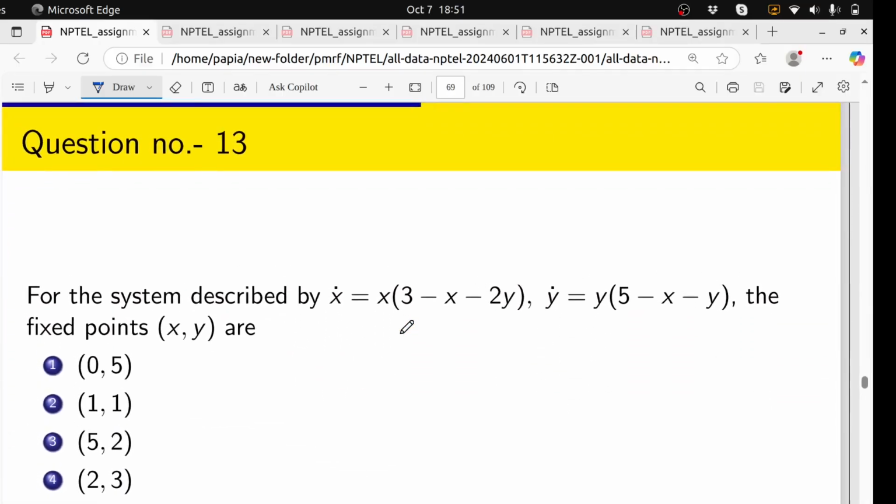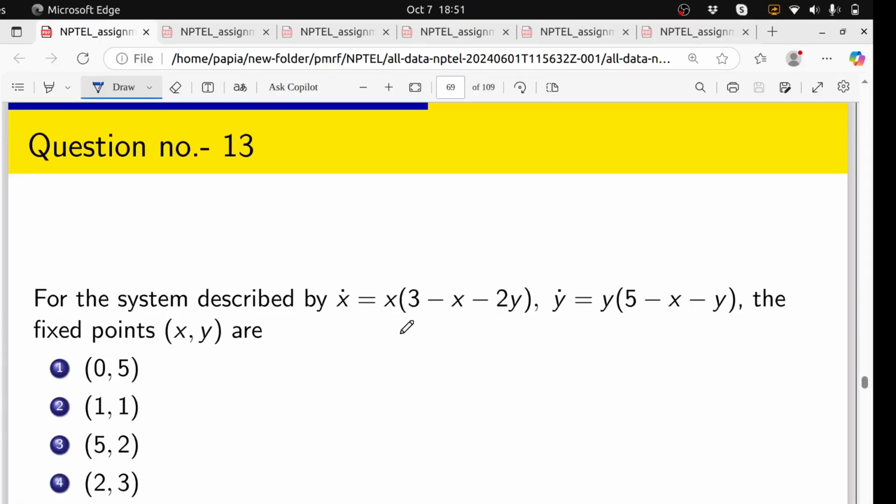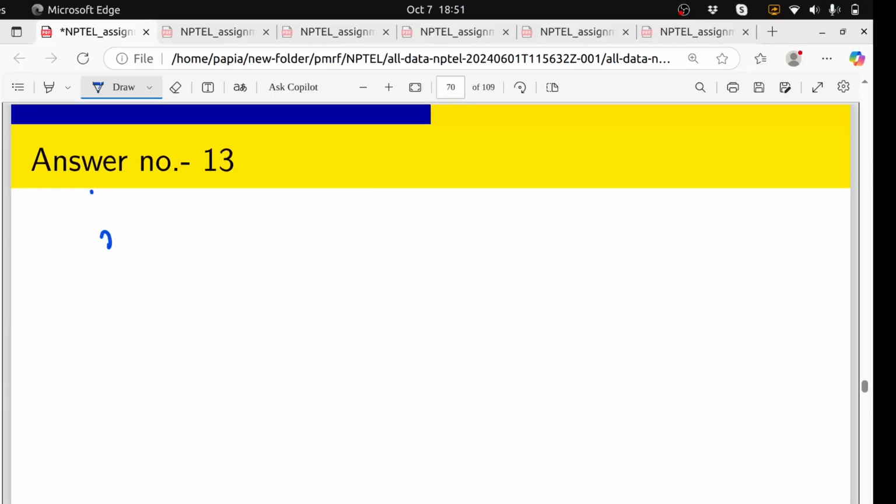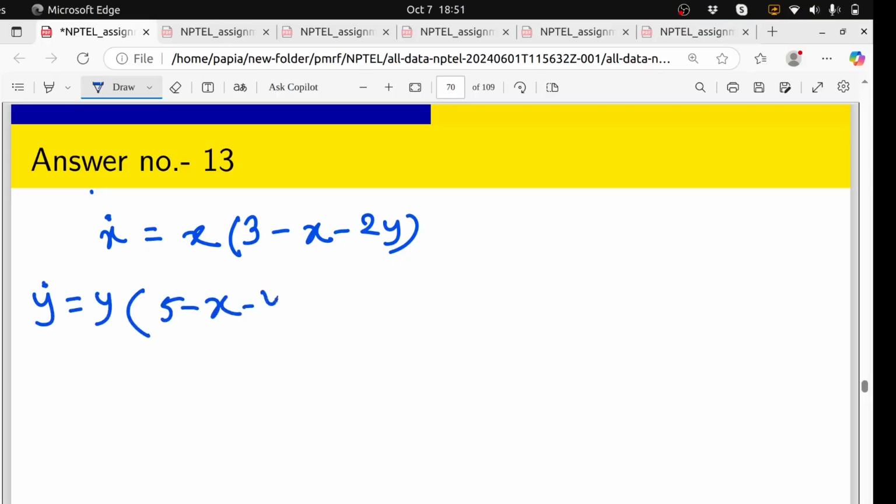Okay. Now coming to question number 13. For the system described by x dot equals x into (3 minus x minus 2y), y dot is y into (5 minus x minus y), the fixed points x, y are. Let me first write the given conditions. These two equations are given.